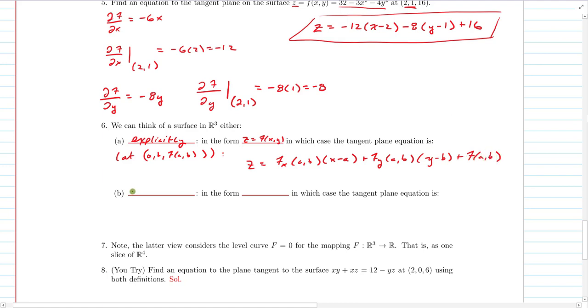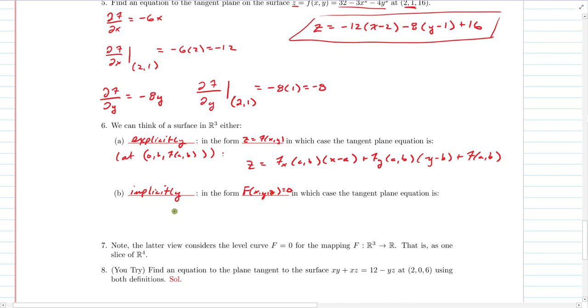But if we were given the surface implicitly, in which case we think of it in the form f of (x, y, z) equals 0, so it's a function of three independent variables, its graph lives in 4-space, but we just take the slice where the fourth-dimensional dependent variable is 0.